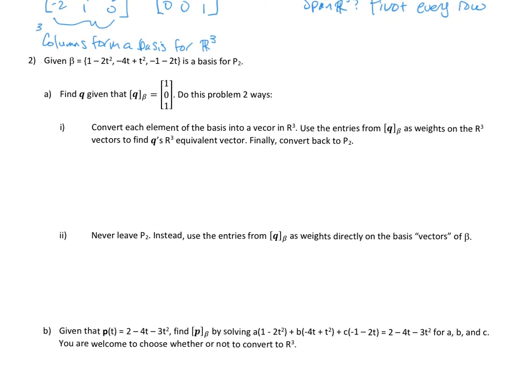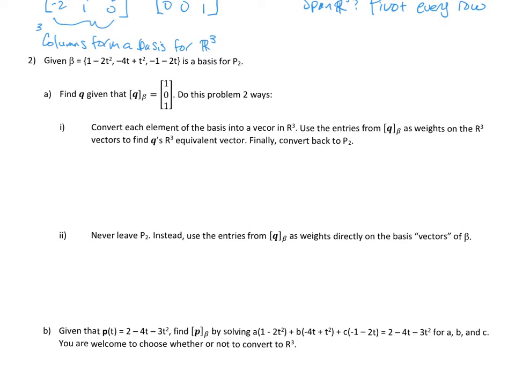Okay, now I'm given beta, a basis of P2. Okay, same basis that we just verified. It says find Q given that the coordinate vector with respect to the basis beta is 1, 0, 1.